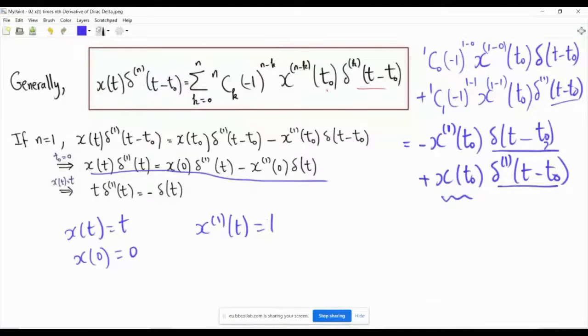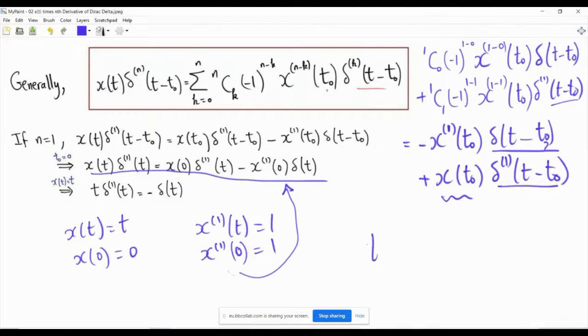The first derivative is a constant 1, so if it's evaluated at any time, it will give you 1. If you put those here, x of 0 is 0, so this term will go away, and we will not get the term with the first derivative of the Dirac delta, but this one will survive as minus 1.